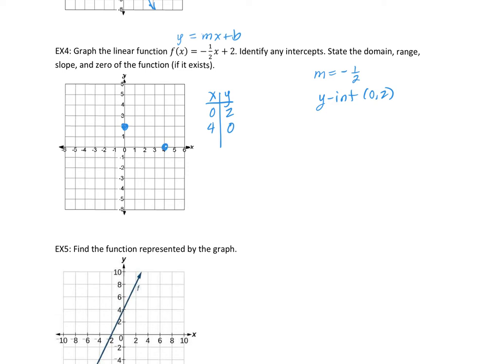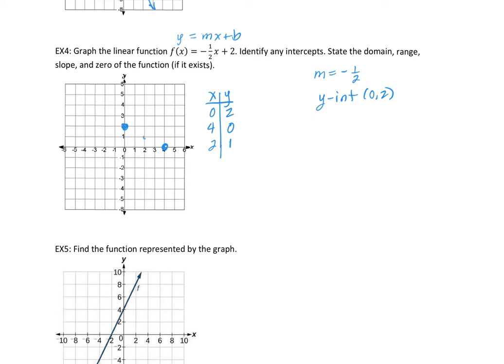So I have another point. And I could simply graph, or I could pick a third point to check my math. Usually I would use something like 1 for x, but I see that I'm going to multiply it by a -1/2. So I'm going to use 2 for x, so I get a nice integer, which would be -1. So -1 plus 2 would give me a +1. And I have my third point.